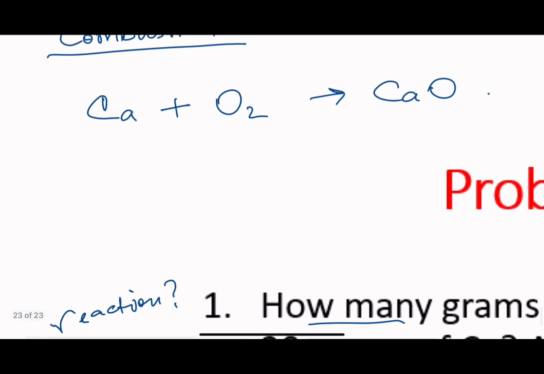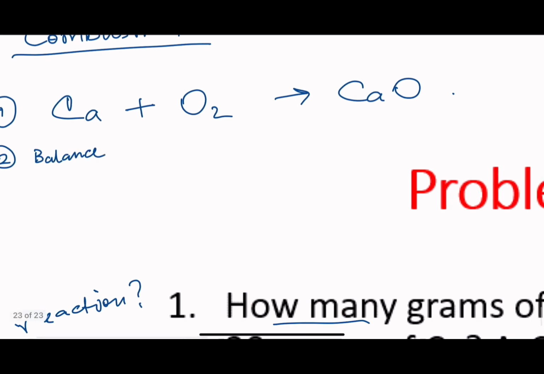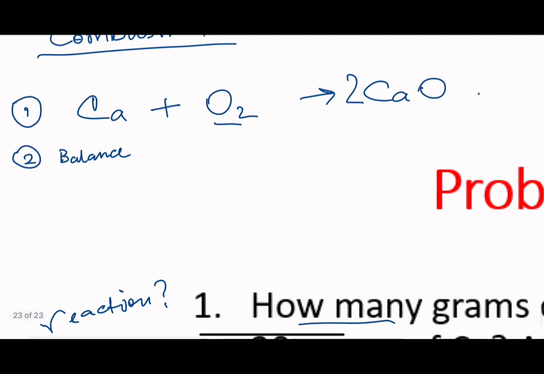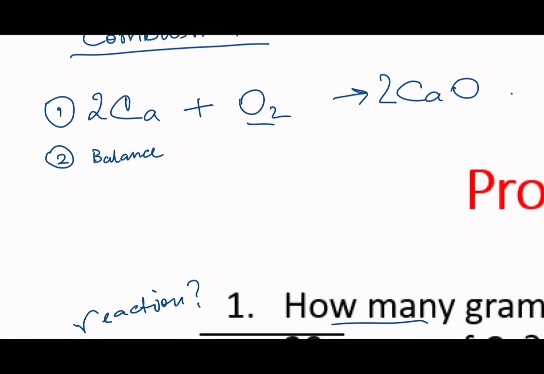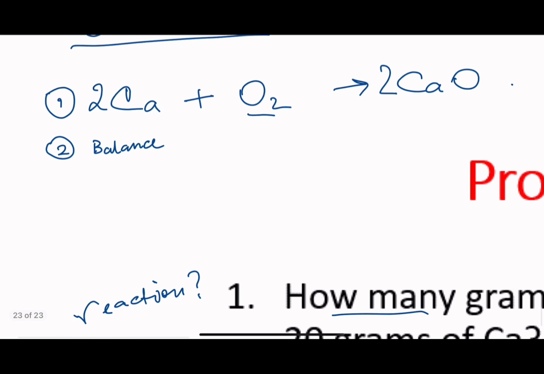So now, first thing I did, I wrote the reaction. Second thing I do is balance. In the balance I check the oxygen amount, so I put 2 in here, and then I see that okay, oxygens are balanced. Now I check the calcium. Okay, I got 2 on the right side and I make 2 on the left side. So now everything is balanced.